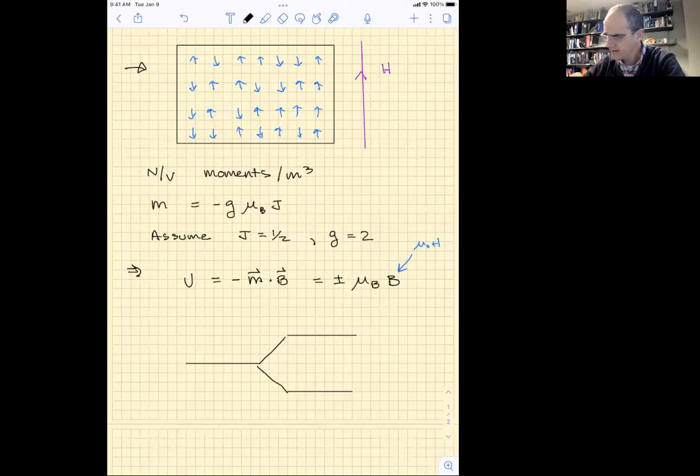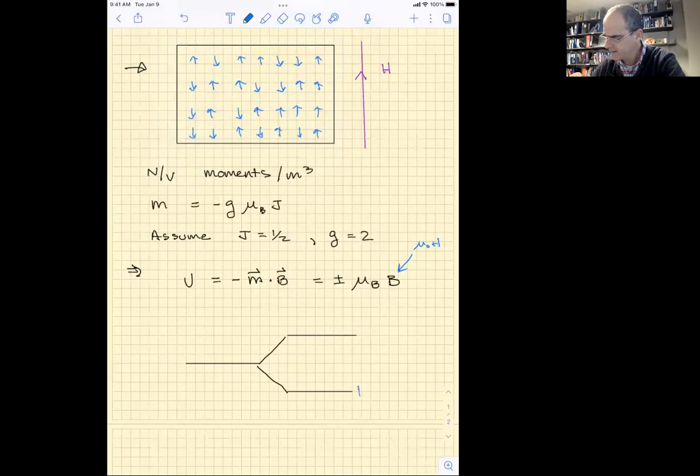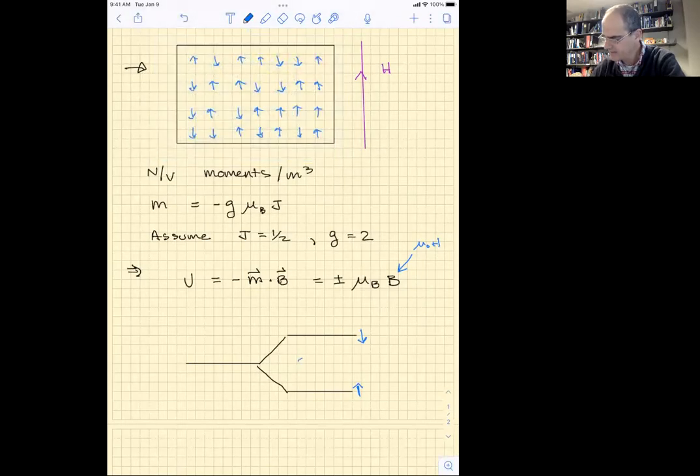We get the spin up state and the spin down state. And these are at different energies. And the energy difference between them is just going to be 2 mu_B times B.